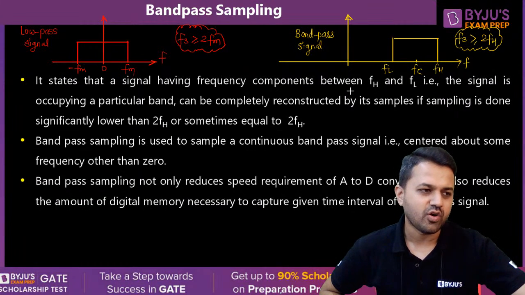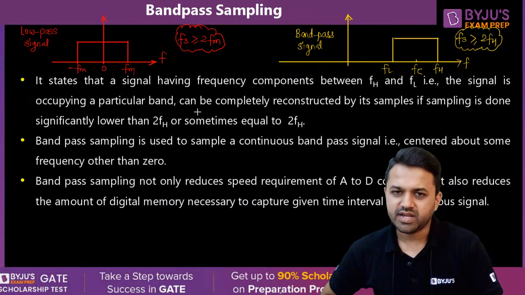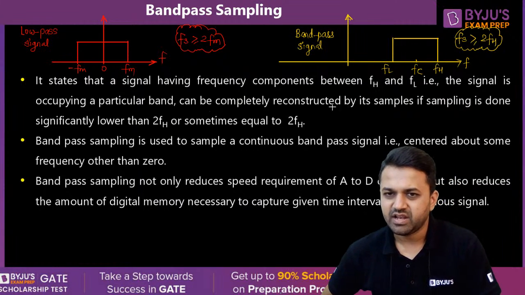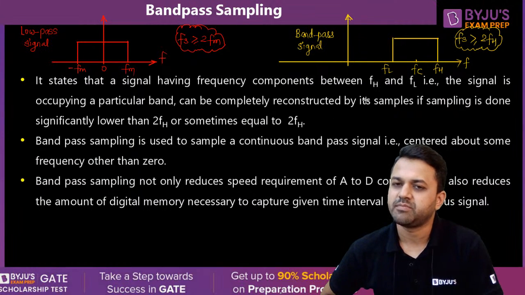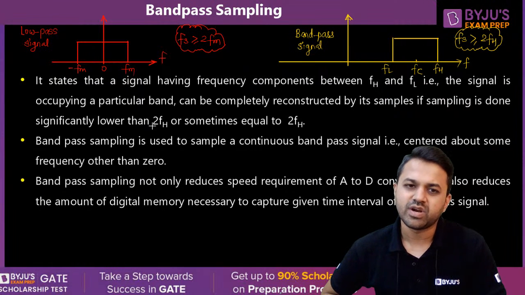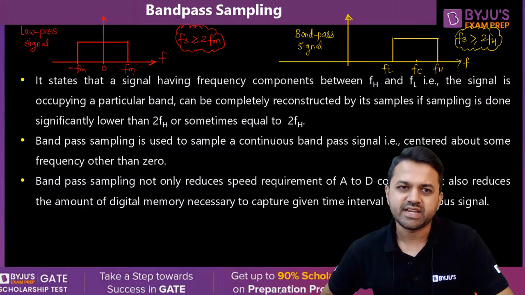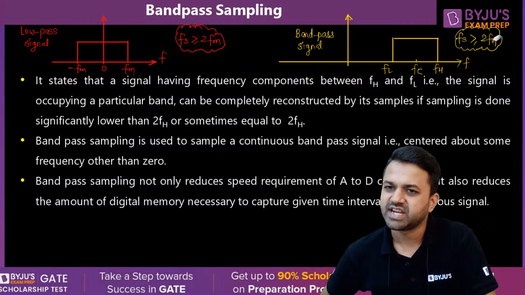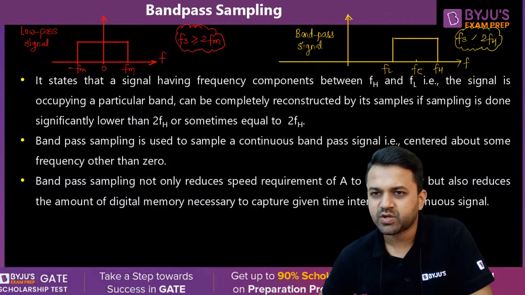This type of signal can be completely reconstructed from its samples if the sampling is done significantly lower than 2fh or sometimes equal to 2fh. So what we are saying is that it is not necessary to have fs greater than or equal to 2fh. We can also take fs less than 2fh.